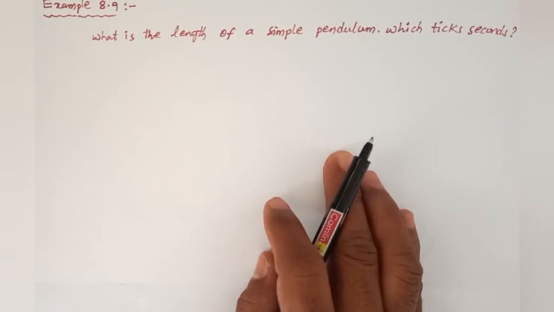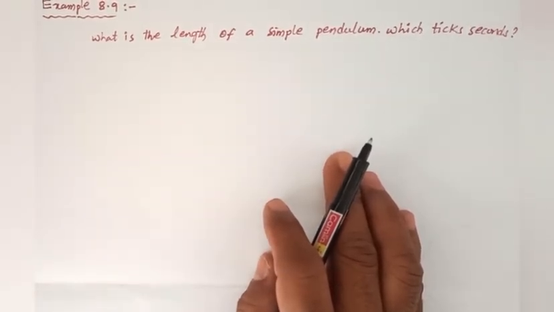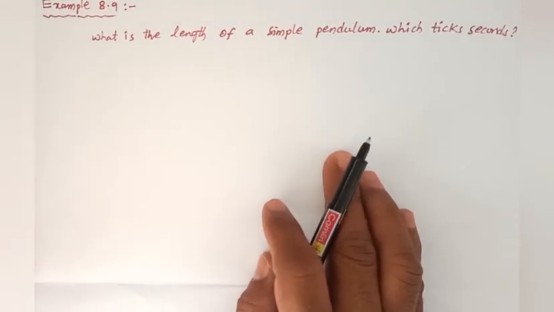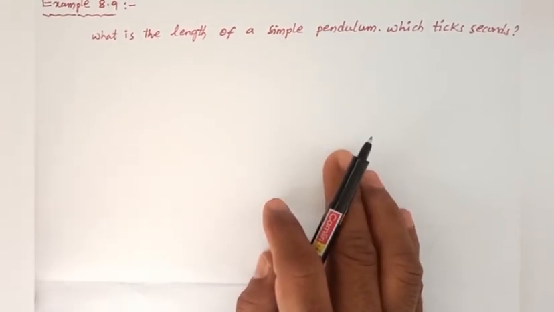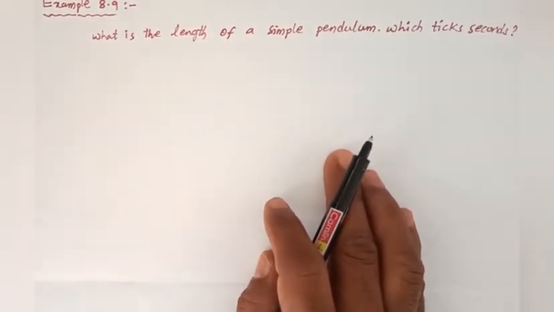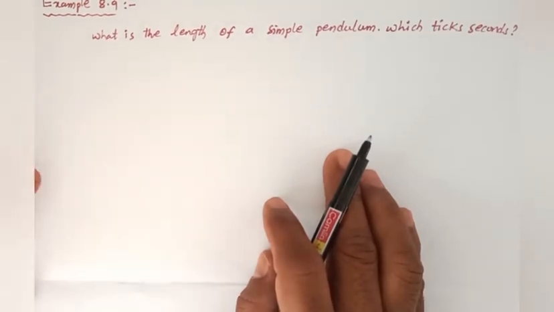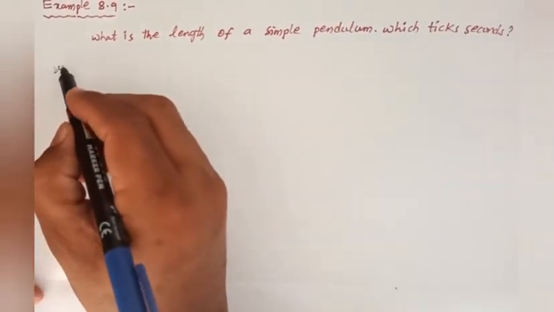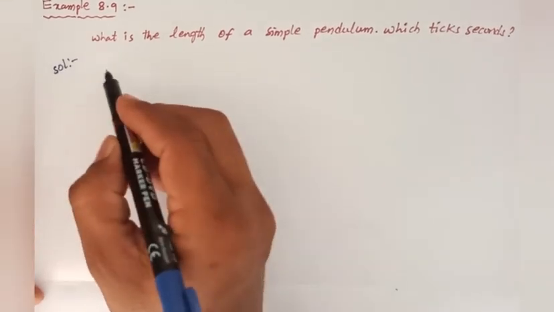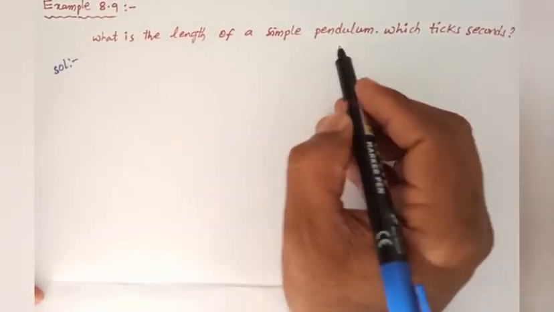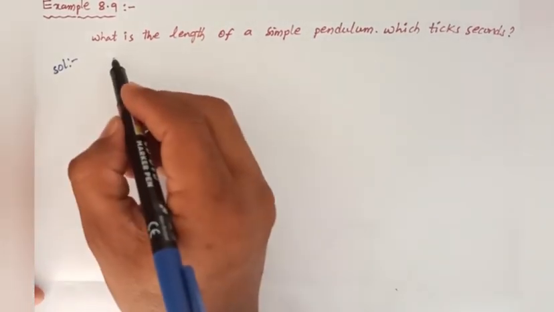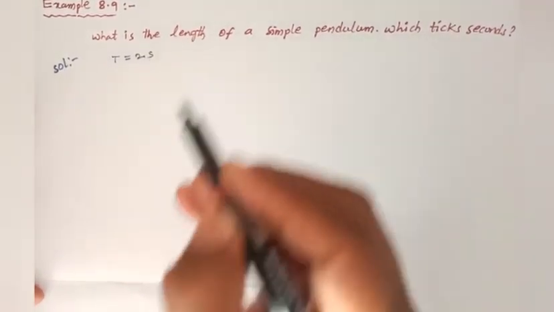The definition of the seconds pendulum is that the time period of the simple pendulum equals 2 seconds. So the solution is: for the seconds pendulum, the time period T equals 2 seconds.